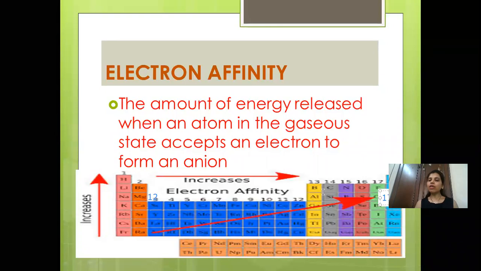Now, the more the atomic number, the more the number of protons. So the more the number of protons, the more will be the nuclear charge. Just remember it like that.